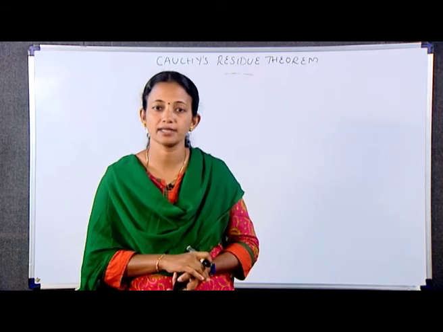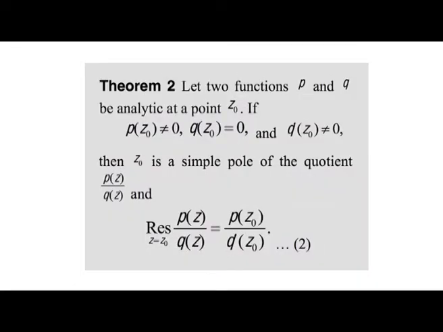The next theorem says: let two functions p and q be analytic at a point z0.